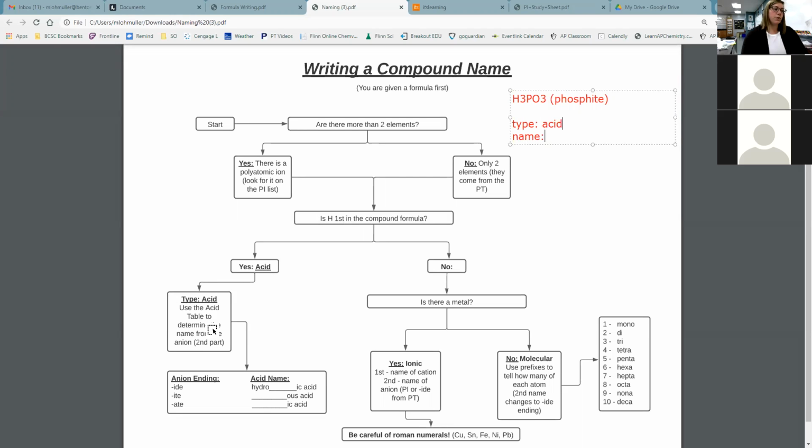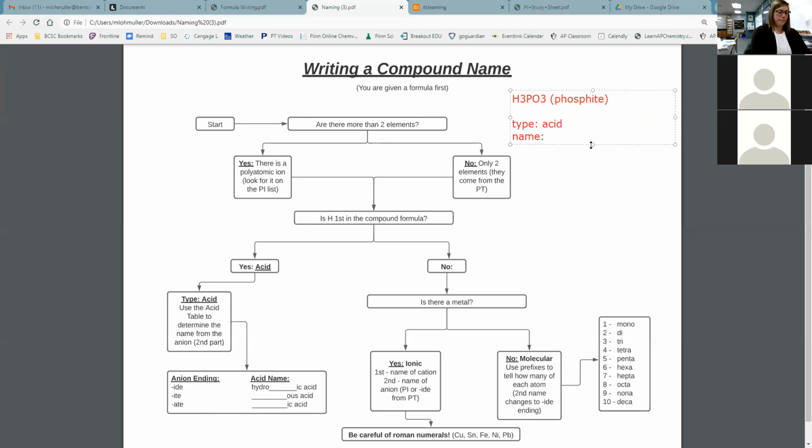And so we're going to use the table to determine the name from the anion. So that's why it's good that I wrote down phosphite, right? Because the ITE ending will help us to know what to do about the name. Since it's ITE, we will take off the end and add OUS to the base.